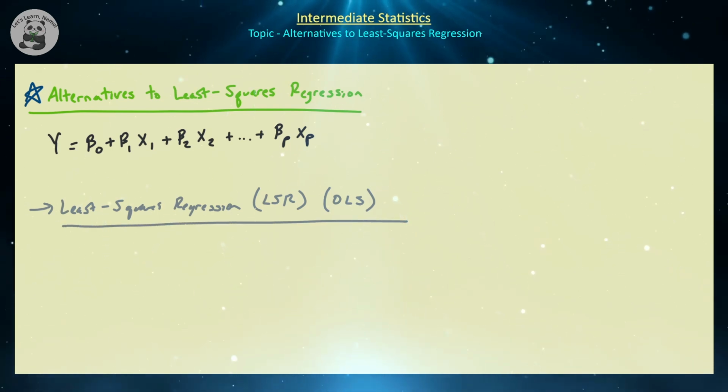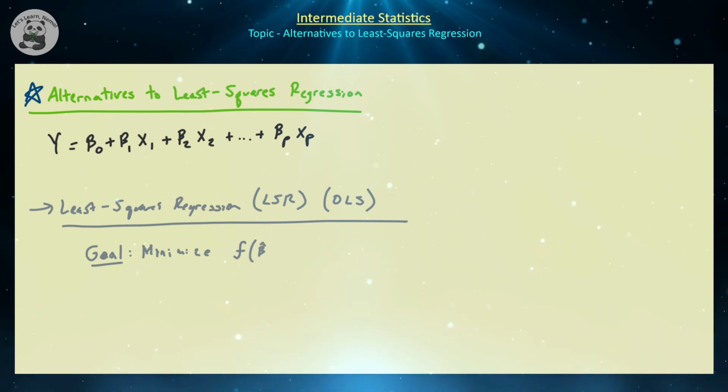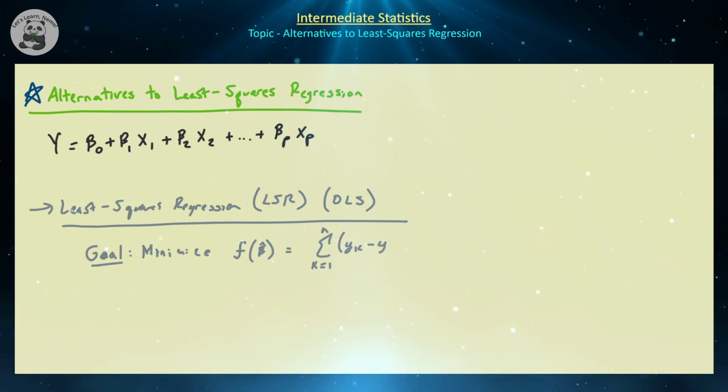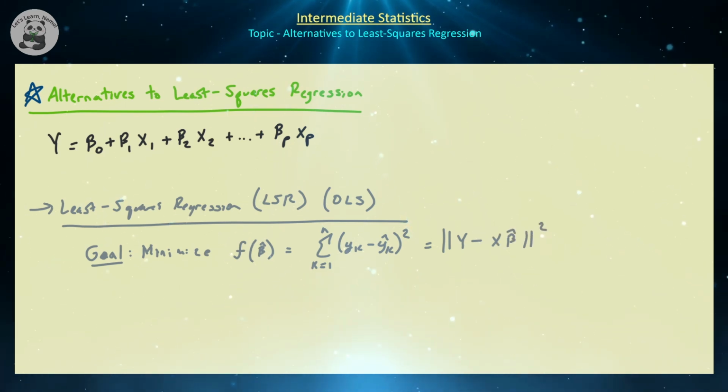So the least squares regression model is to approximate beta 0, beta 1 down to beta p with these beta hats, beta hat 0, beta hat 1, beta hat 2 down to beta hat p, and the goal of least squares regression is to minimize a particular functional of those beta hats where that functional is equal to the sum from k equals 1 to n of the squared residuals, in particular y_k minus y hat k, the quantity squared, or in vector form, the vector y minus X beta hat, the magnitude squared.